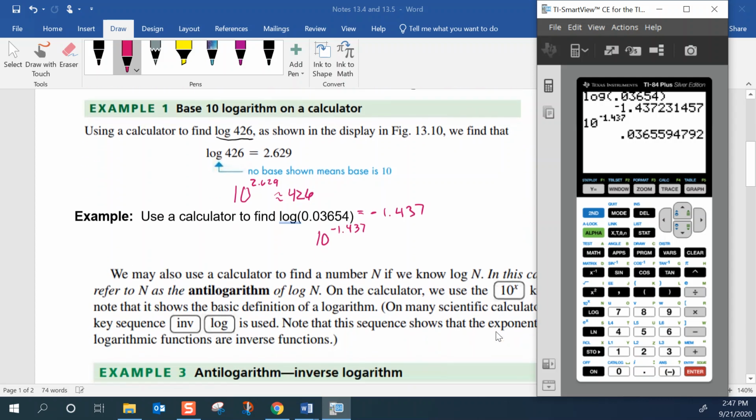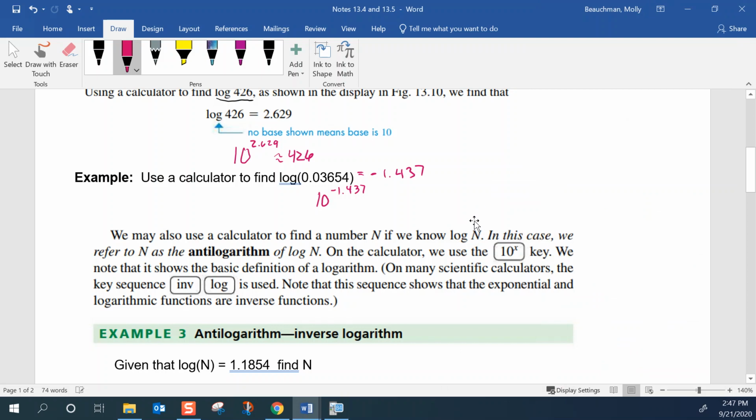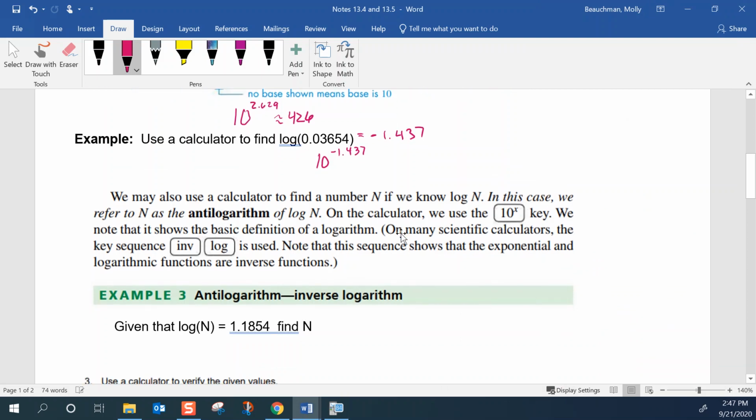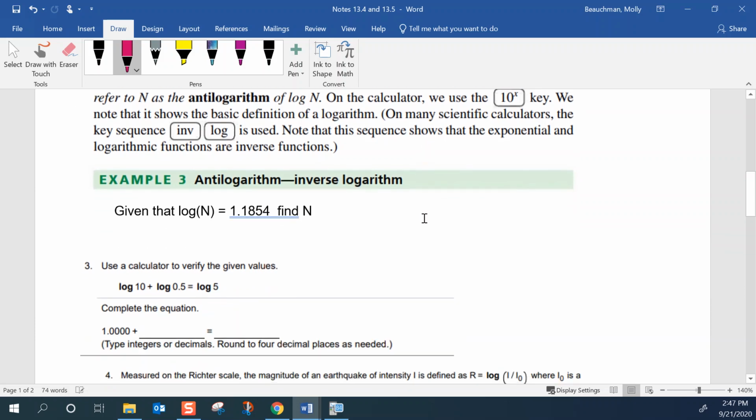Now, sometimes you'll want to go backwards. What if you know the power of 10? Or you know the antilogarithm? The next vocabulary is antilogarithm. We can also use a calculator to find a number n if we know log n. In this case, the n is called an antilogarithm of log n. Here's what this means.